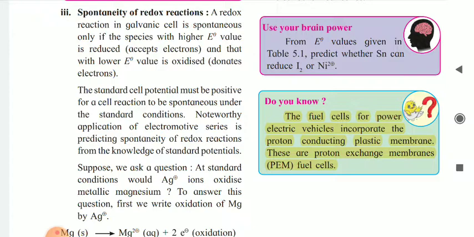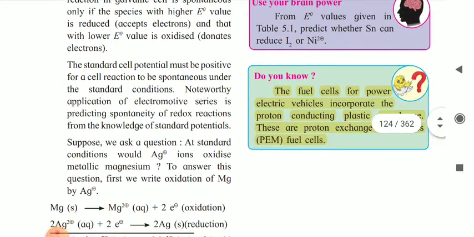A redox reaction in a galvanic cell is spontaneous only if the species with the higher E0 value is reduced, that is, it accepts electrons, and the one with the lower E0 value is oxidized, which happens with the donation of electrons. The standard cell potential must be positive for a cell reaction to be spontaneous.